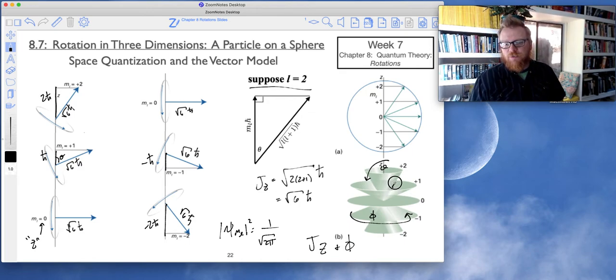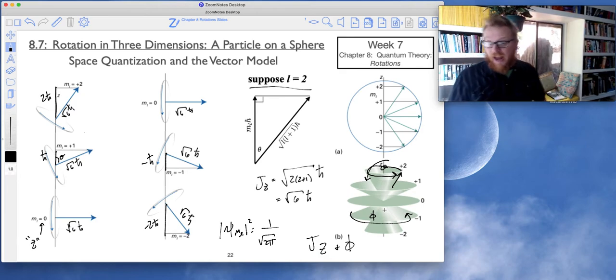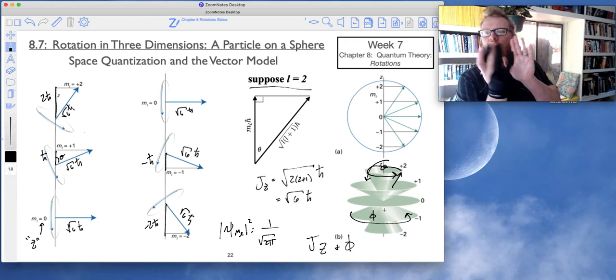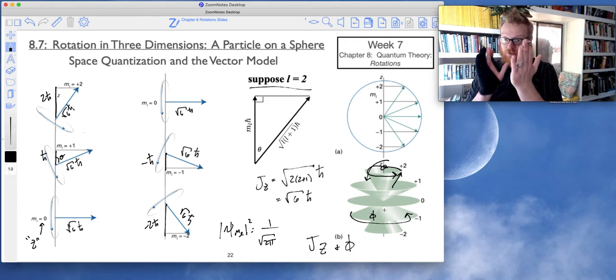So we can specify this length here, but because we don't know where the particle is on this angle phi, that's what predicts this spreading all the way around. So we still have uncertainty in our angular momentum, but we've narrowed it down to these conical areas.